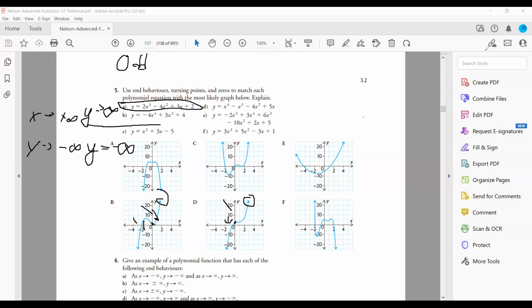So we're going to look for zeros or x-intercept. And how to find the x-intercept? We have to say that this function A, which is 2x to the third power minus 4x to the second power plus 3x plus 2 equals 0. We have to solve it. You have to find when this function equals 0, right?